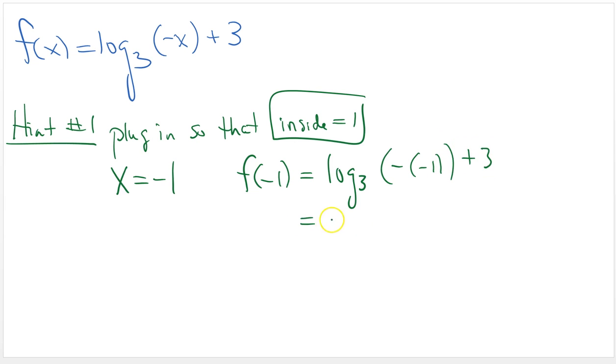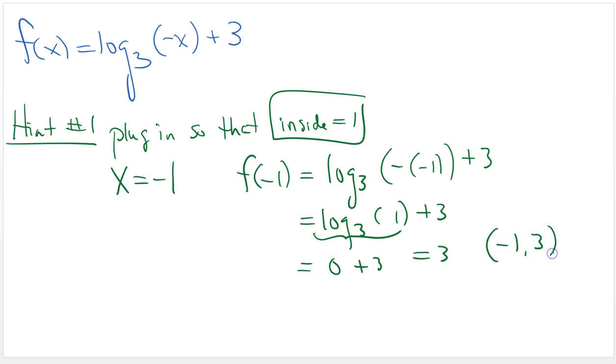Well, what does that give me? That's log base 3 of 1 plus 3. We know that log base 3 of 1 is 0, plus 3, and my answer is 3. So that's going to be the point negative 1, 3. Now, if you only have to plot one extra point, there you go.